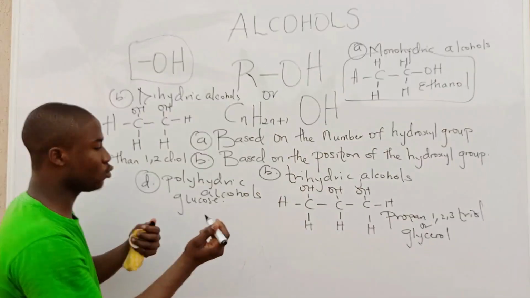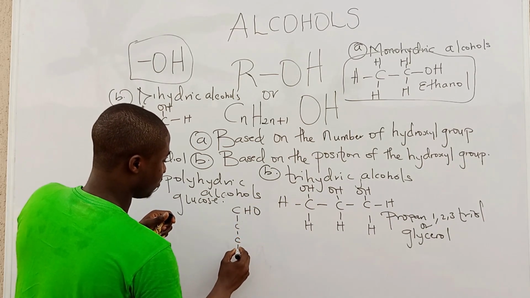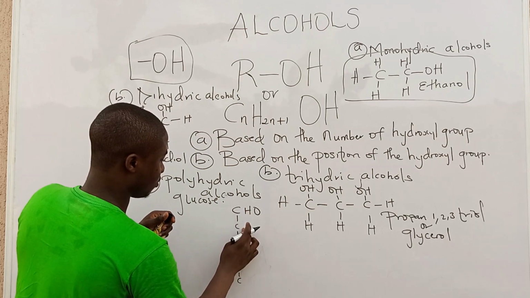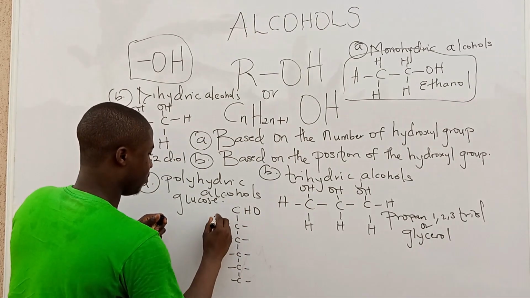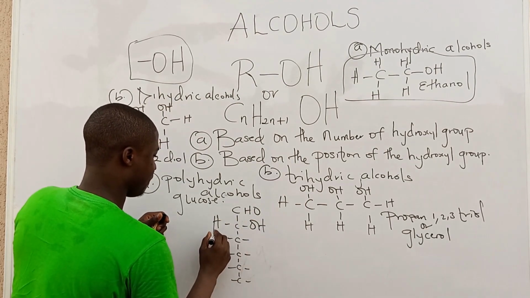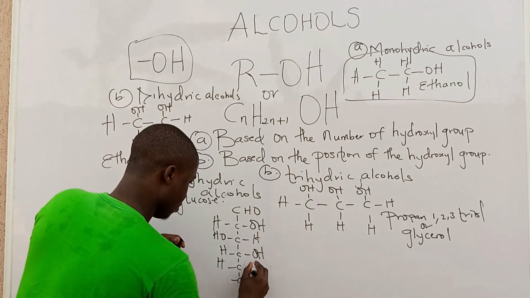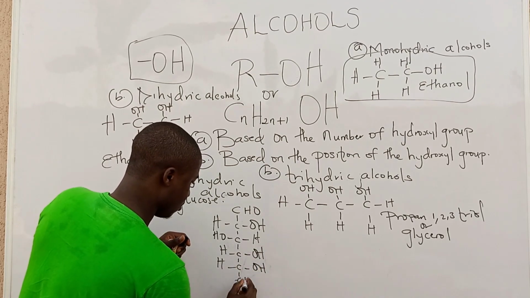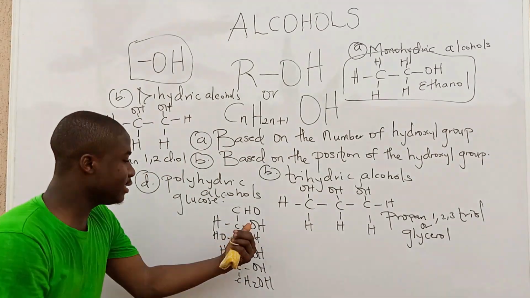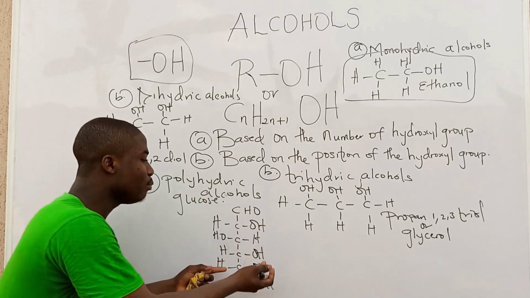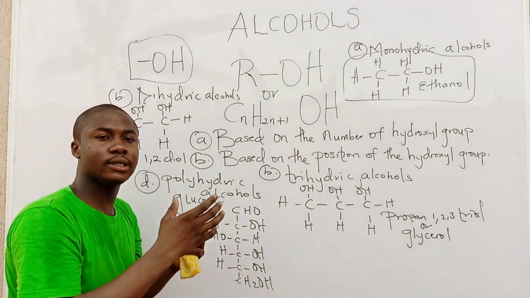Drawing the structure of glucose is simply like this. Okay, this is the structure of glucose. You can see the glucose has more than 3 OH, so it is regarded as a polyhydric alcohol.